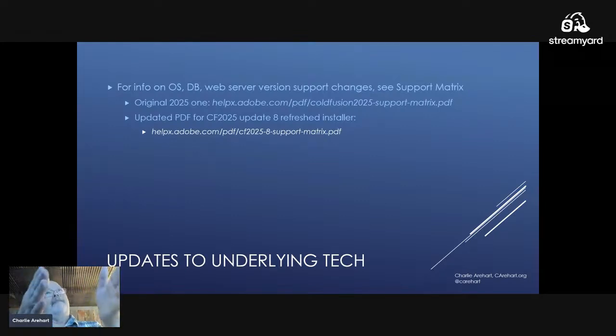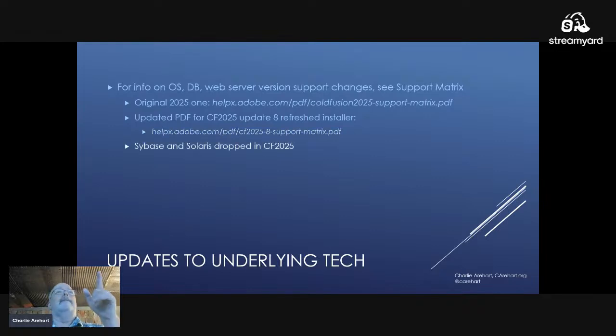But in May of this year, they came out with that update 8. And listen, here's the key: they also came out with refreshed installers. The new installers are really what you need to be able to run CF 2025 on Windows Server 2025, and also macOS Tahoe, I think. I'll show you in a moment. Sybase and Solaris support were dropped in 2025.